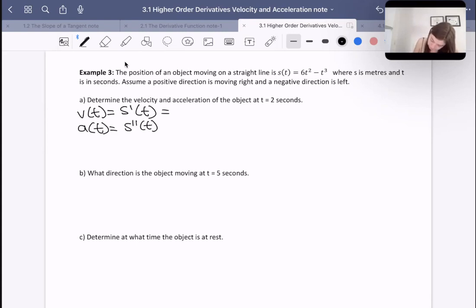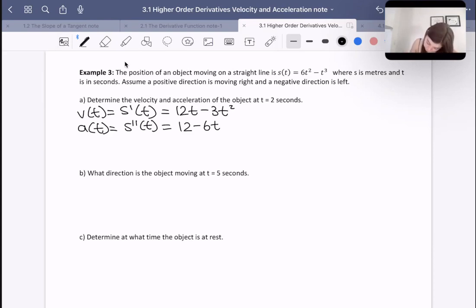According to the power rule, the first derivative is 12t minus 3t squared, and the second derivative is 12 minus 6t. Now we need to plug in t equals 2.